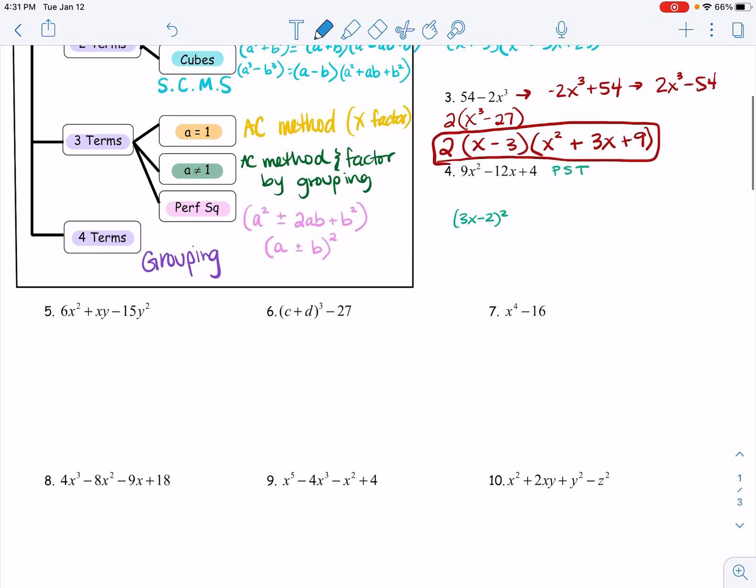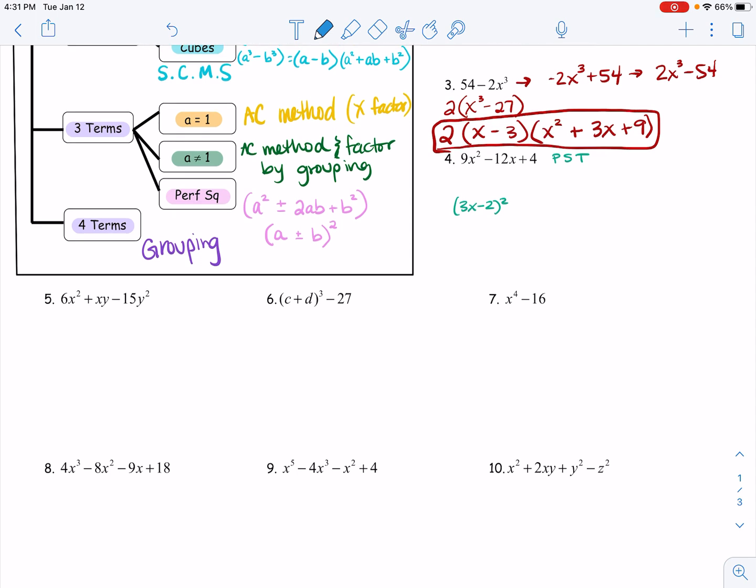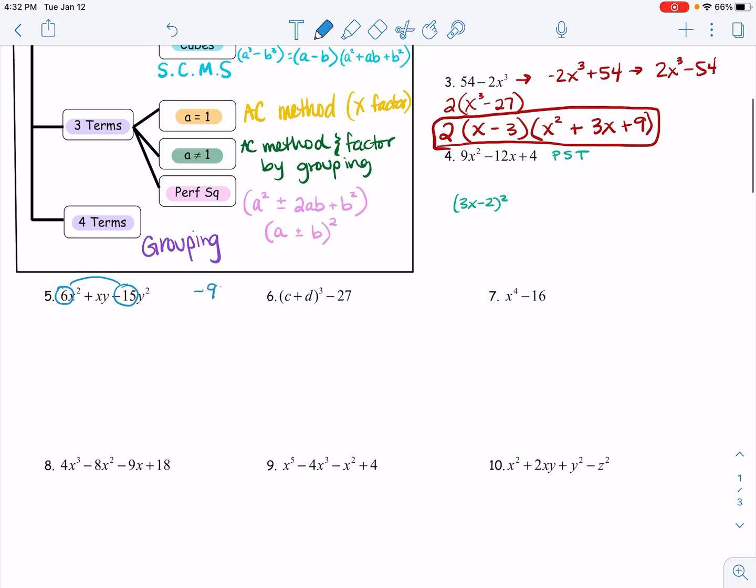So in 3 terms, it's either a is 1, a is not 1, or it's a perfect square trinomial. Well, this is not a perfect square trinomial because the numbers 6 and negative 15 are not perfect squares. And the a value is not 1, which means we're still going to be using that AC method and then factoring by grouping. So I want to know what factor, so I'm multiplying a to c. 6 times negative 15 is going to give me a negative 90.